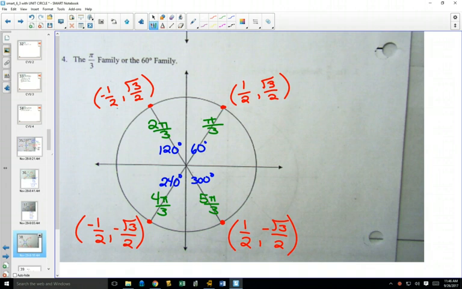And finally, looking at our special triangles, we can do tan of pi over 3 and get root 3.